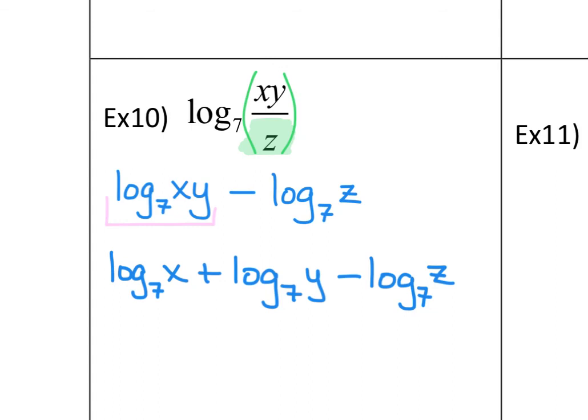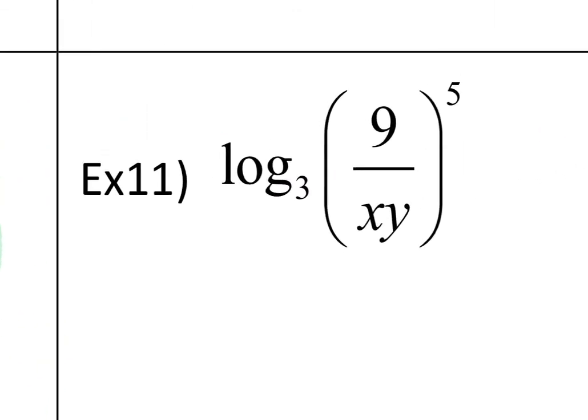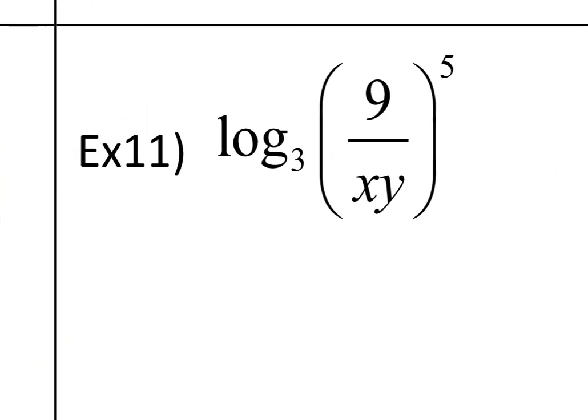When you see minus log of something, that means that it was a denominator in the original argument. So here, again, notice that you have a denominator.